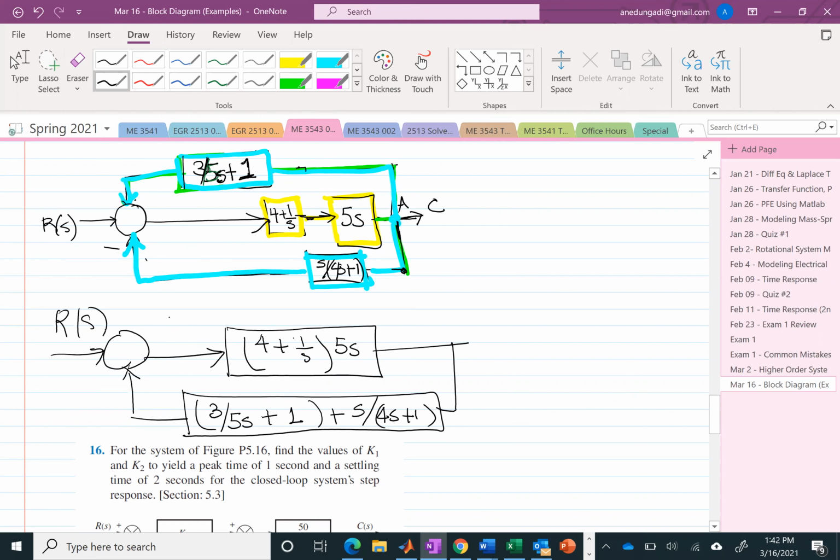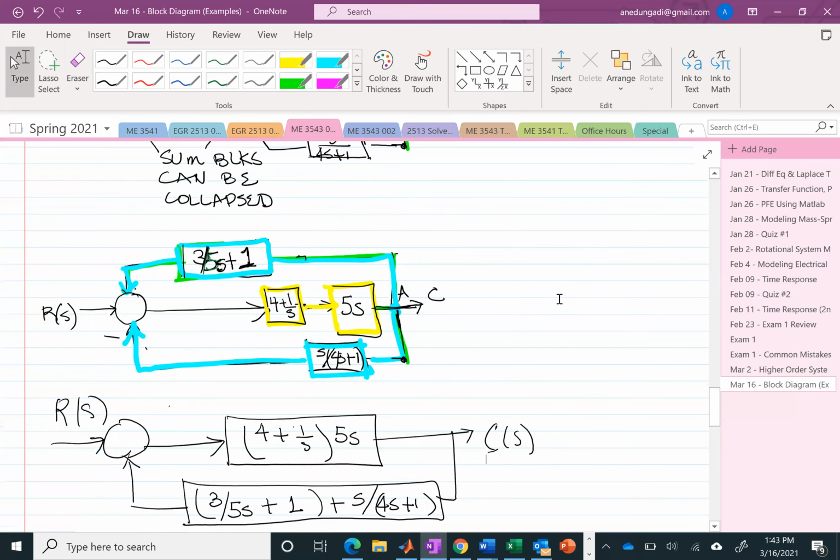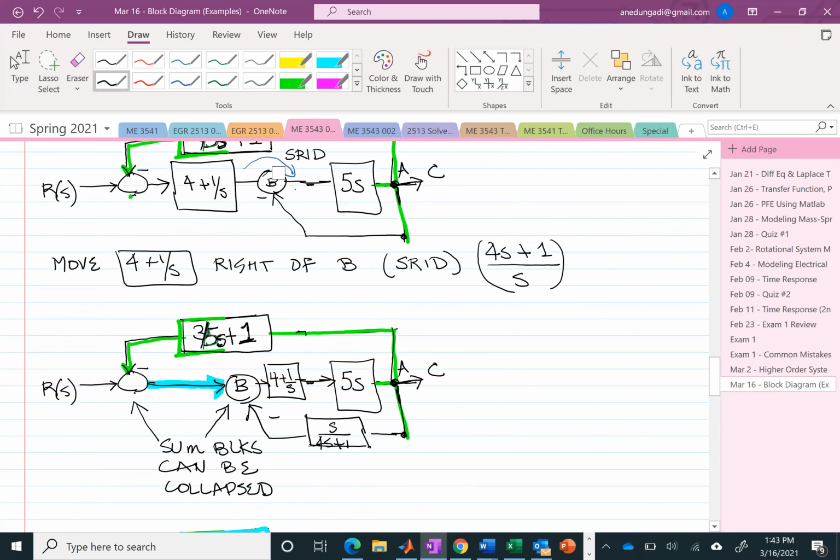Okay, just a second. Veronica, can you explain why s over 4s plus 1? So the block that we are going to move to the right of the summation is 4 plus 1 over s. Do you agree? 4 plus 1 over s is the same as 4s plus 1 divided by s, right? This is identical.